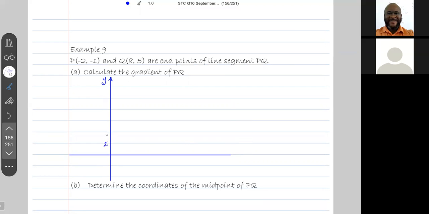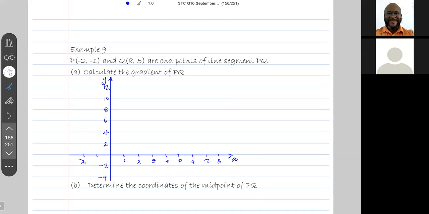All right, so 2, 4, 6, 8, 10, 12. Minus 2, minus 4. 1, 2, 3, 4, 5, 6, 7, 8. X. Minus 1, minus 2.